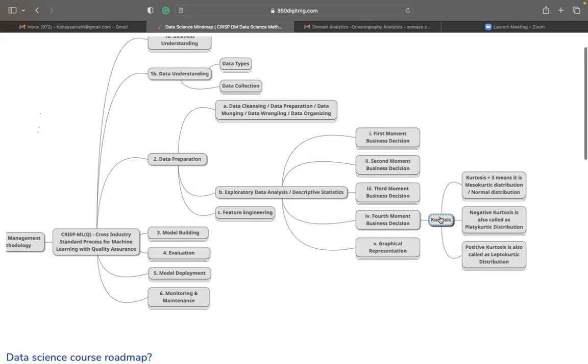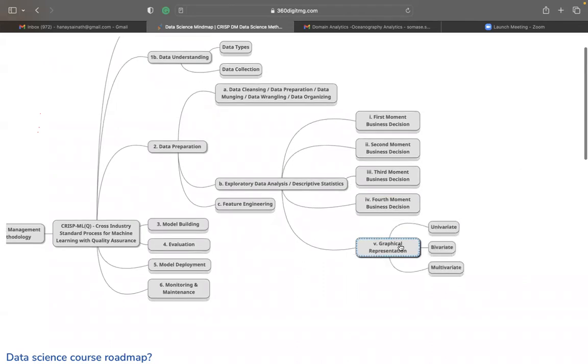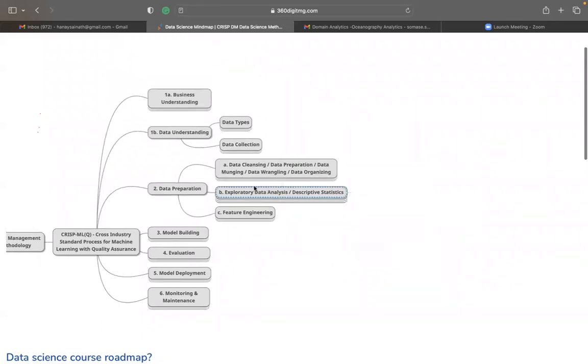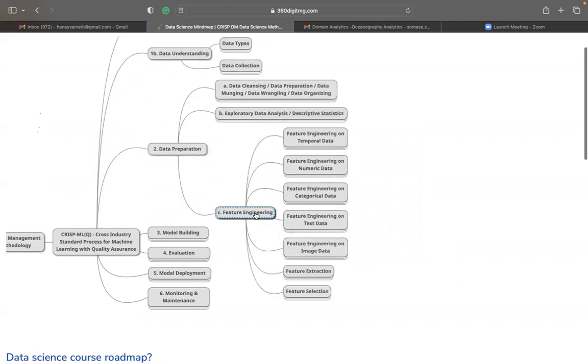Positive kurtosis is also called leptokurtic distribution. In the graphical representation, we have univariate, bivariate, and multivariate. So this was about the EDA. Then we have feature engineering.